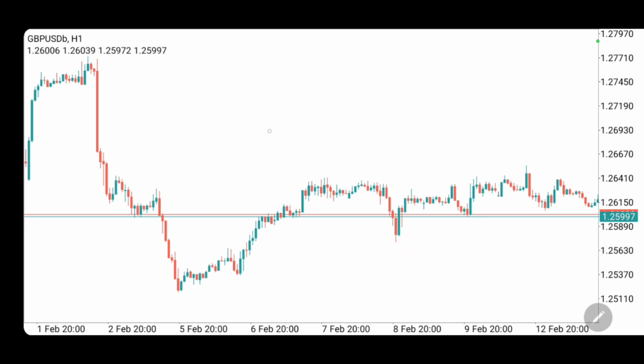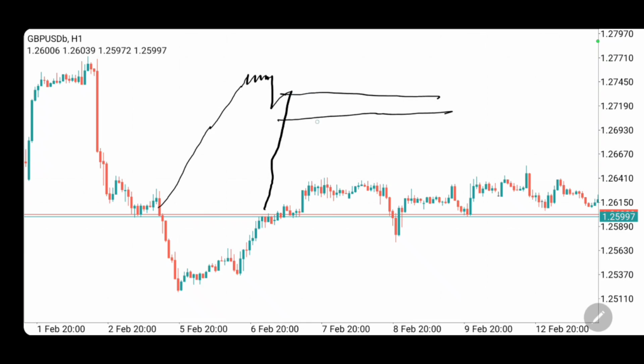Sorry, you have the market, there's a liquidity pool right here. So this is a zone which several traders would want to take trades from, but the market in most times, instead of coming to mitigate this zone to sell, it will rather take out this liquidity first.